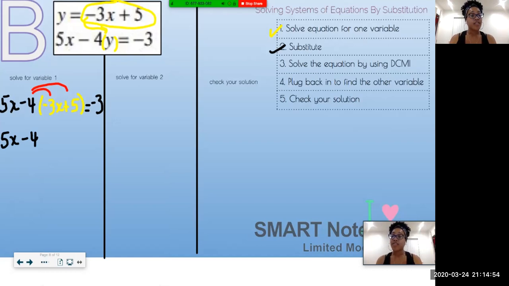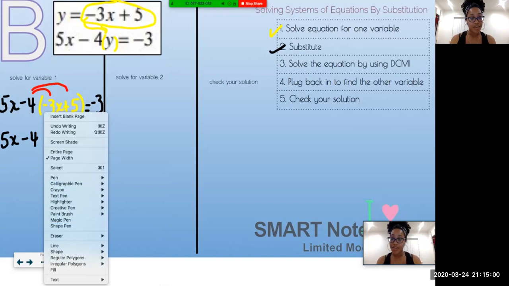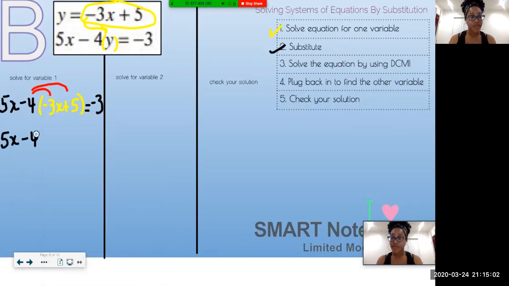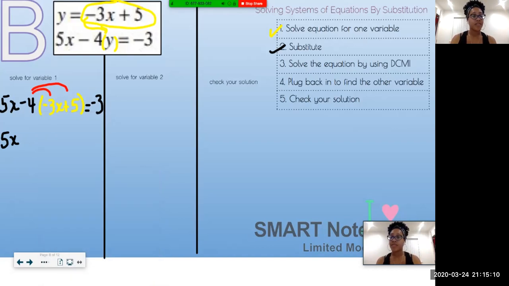Well, negative, oops, that was a mistake. Whew, that was a mistake, don't tell nobody. Sorry, I just needed to distribute. Sorry, so I'm distributing negative 4 times negative 3x. So negative 4 times negative 3x, a negative times a negative is a positive 12. 4 times 3 is 12, and then the x. And then negative 4 times positive 5 is negative 20.